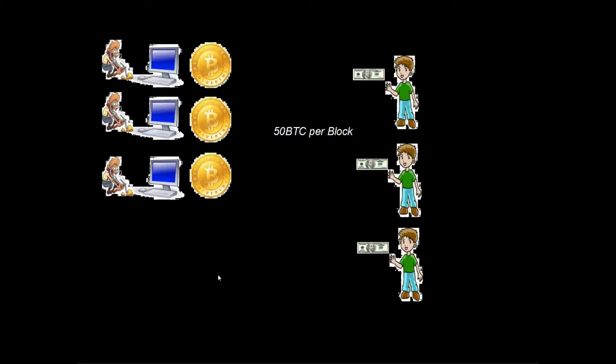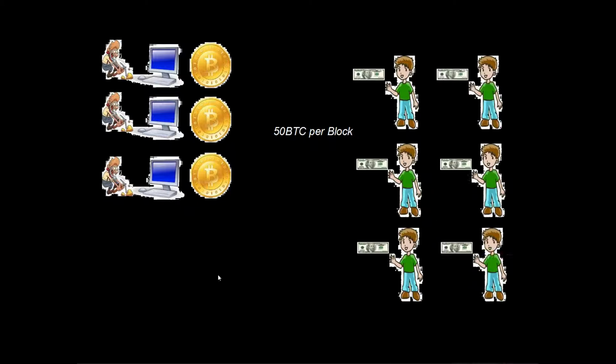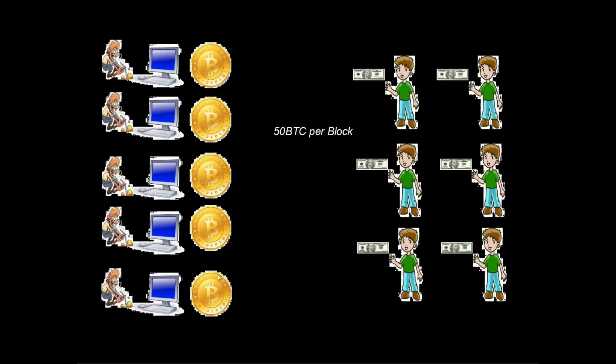Now, another person comes along, and then more people want bitcoins, so then more people come along to start mining more bitcoins, and so on and so forth. Now, as all this mining is occurring, the difficulty of the equations that are being solved are going up, so it's taking longer for these computers to find those 50 blocks.